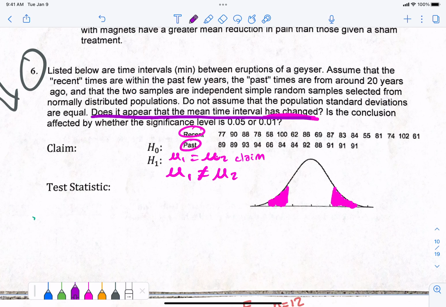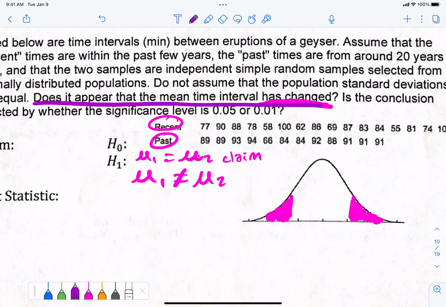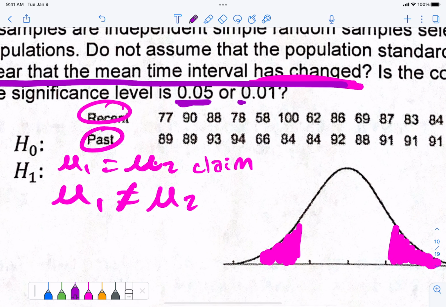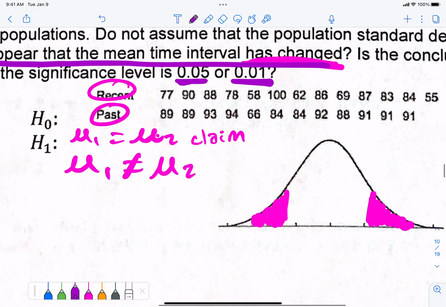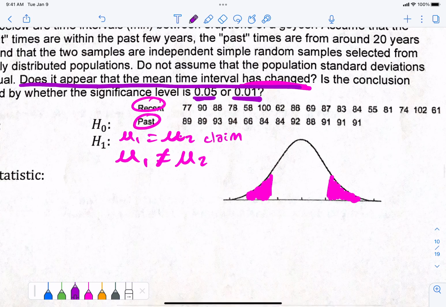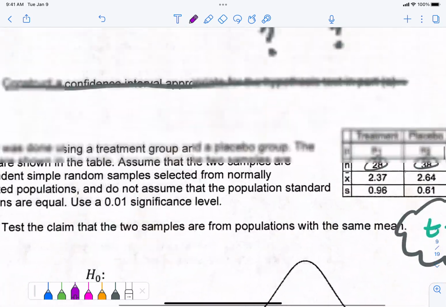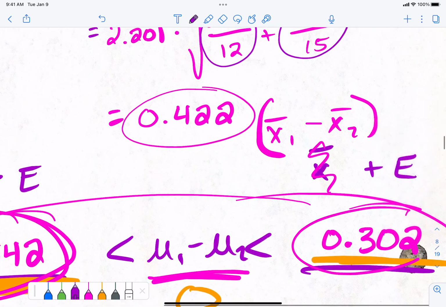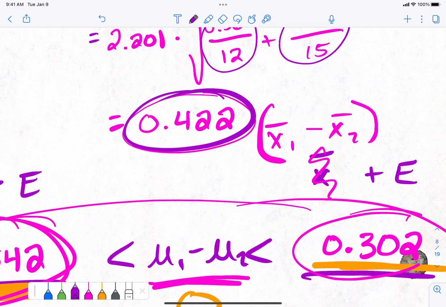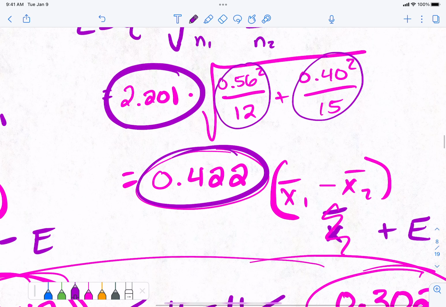Is the conclusion affected by whether the significance level is 0.05 or 0.01? Okay, so no, kind of. All that's going to do is change your value for t on your error. So calculate a new t and then put that into your formula, for 0.05 and 0.01.